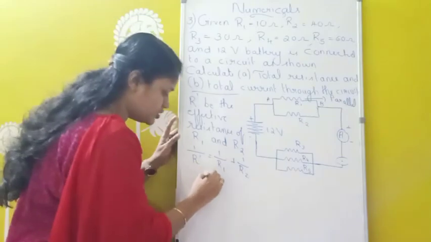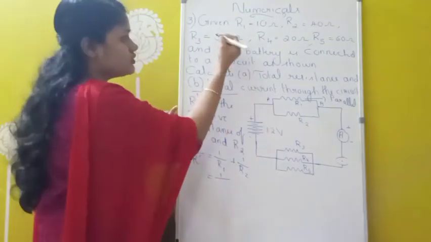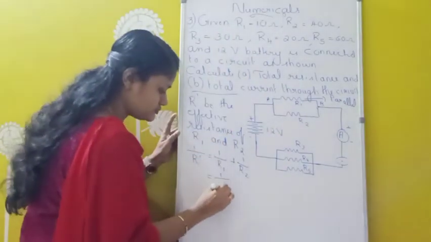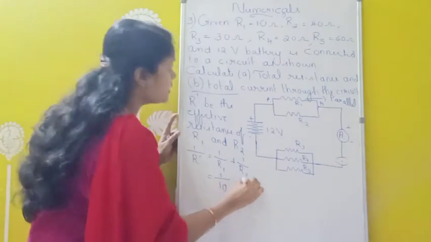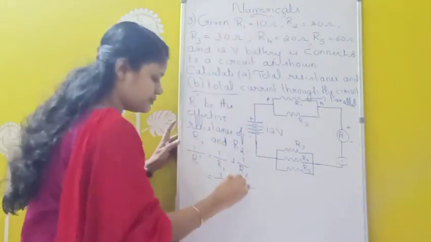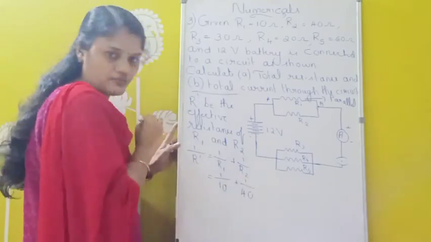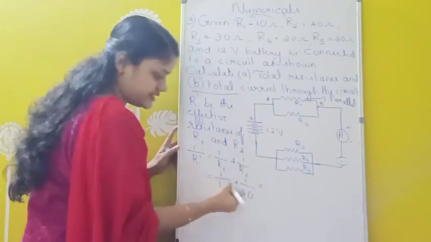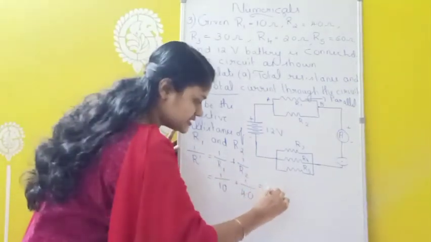That is equivalent to 1 by 10 plus 1 by 40, since R1 is 10 and R2 is 40. I am taking the LCM of 10 and 40, the LCM is 40.